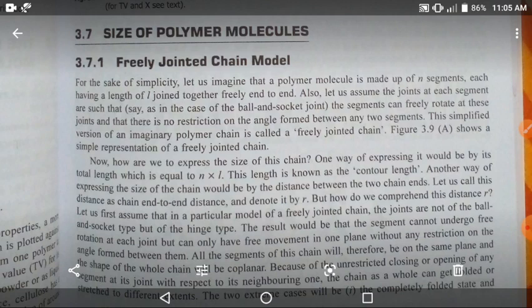Freely jointed chain model. For the sake of simplicity, let us imagine that a polymer molecule is made up of n segments, each having a length L, joined together freely end to end.